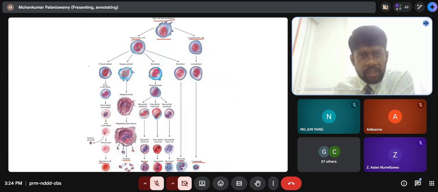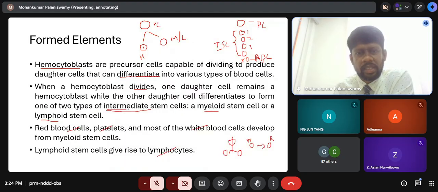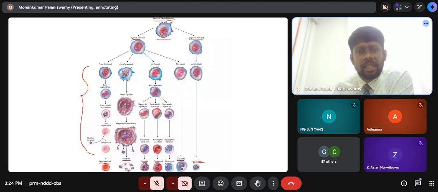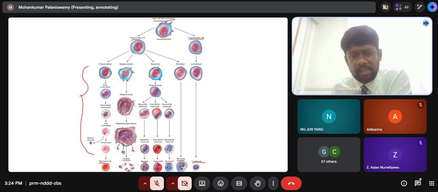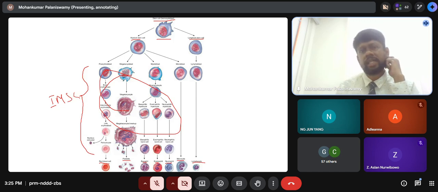The cells which are present here are called intermediate stem cells. The cells between the hemocytoblast and the RBC or platelets or basophil come under the intermediate stem cell. It is like a process.